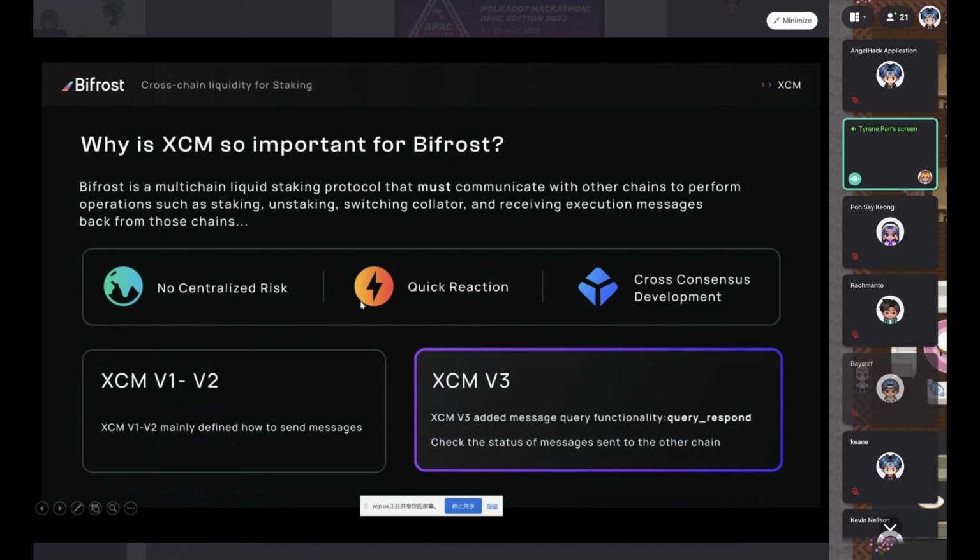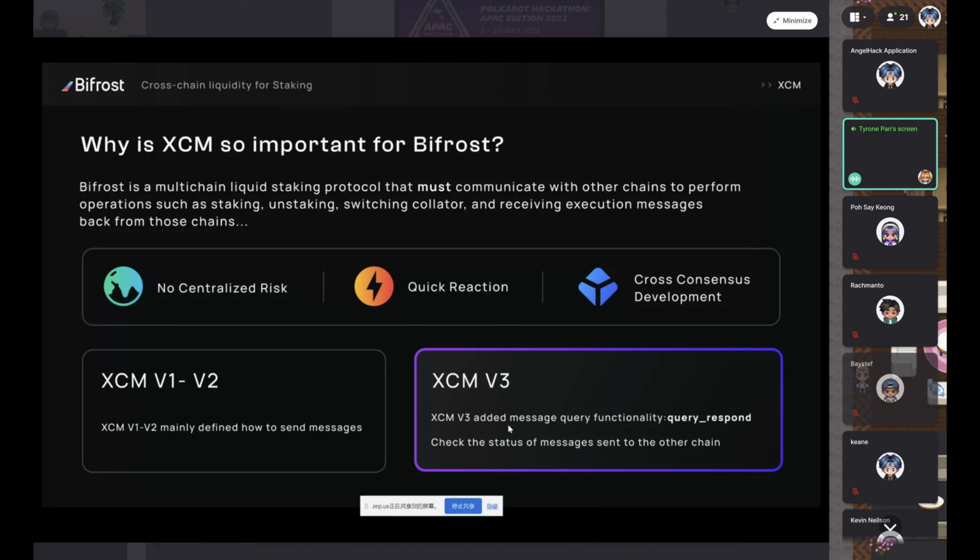So why are we initiating an XCM case to solve the previous problem? Imagine that different users in different parachains or different environments can trade or swap in a concentrated liquidity via the XCM.